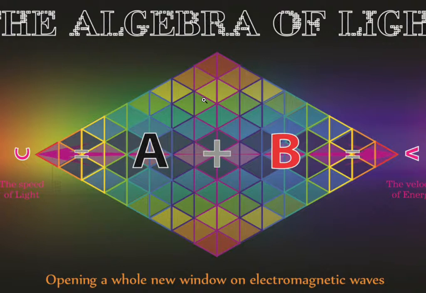They're one and the same. And in fact, the other thing that this illustration shows is simply that there is a relationship between velocity and the speed of light, and that's the Lorentz factor.